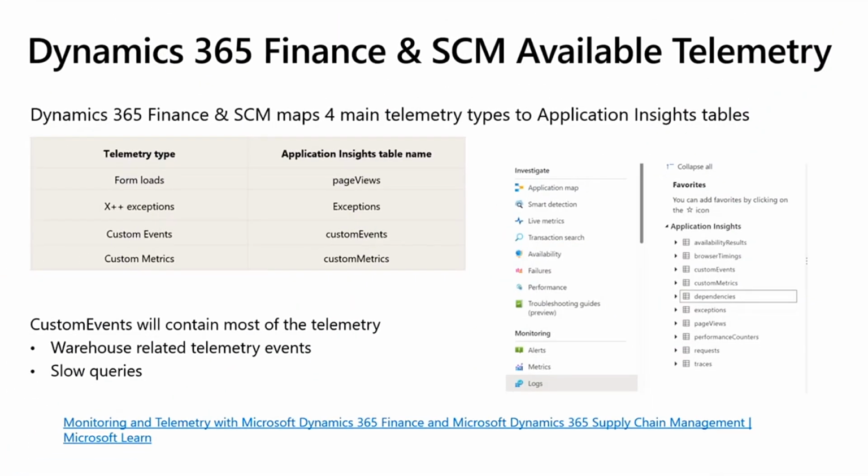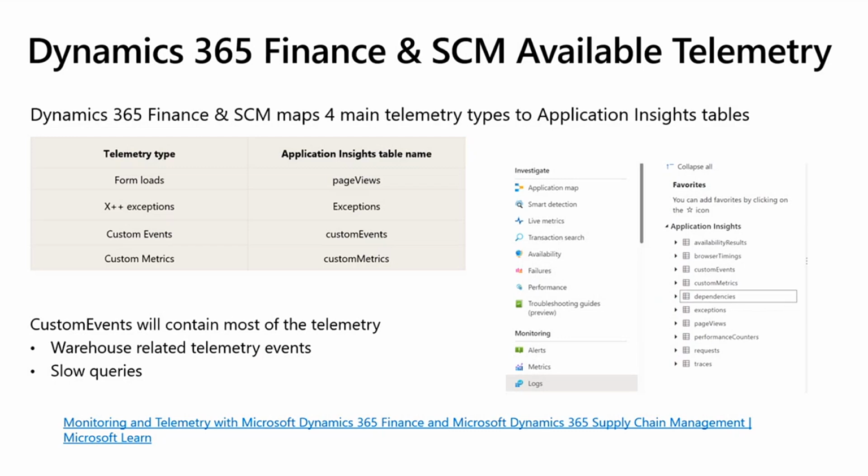So today, I would say there are 4 main types of telemetry that we send to Application Insights, right? So the types we use, the form nodes, are directly mapped onto page views. So it's the standard data model that Application Insights uses. So we map to the page views table.